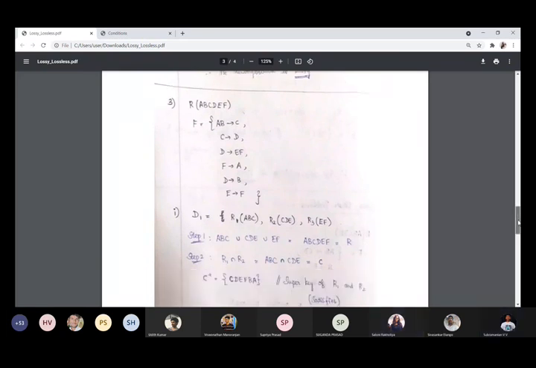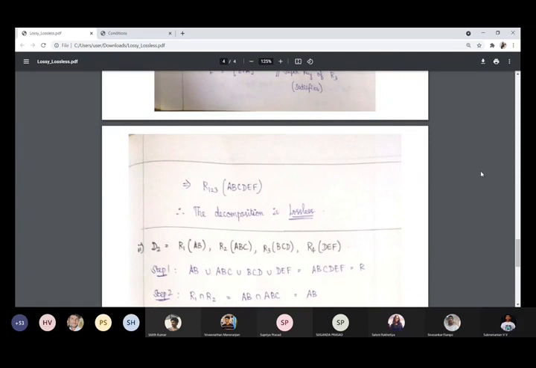Yes, sure. Is this lossless? Yeah, it is.